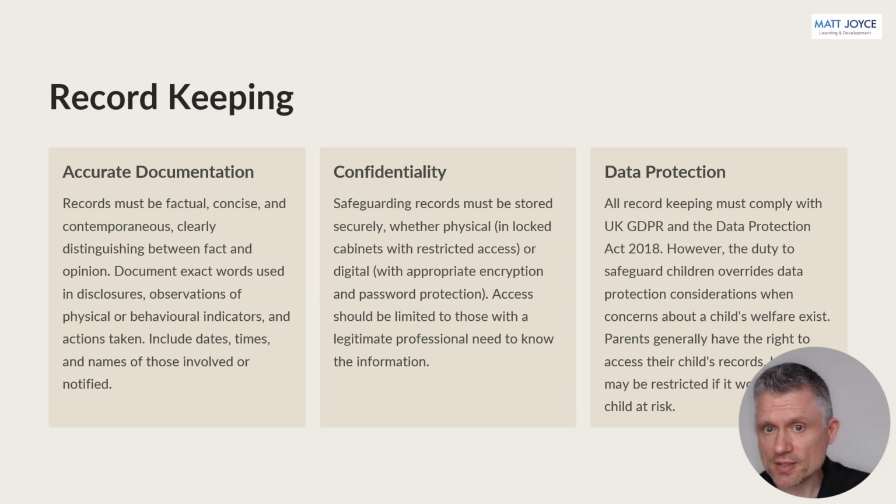However, the duty to safeguard children overrides data protection considerations when concerns about a child's welfare exist. Parents generally have the right to access their child's records, but this may be restricted if a child is at risk or sharing the information would place a child at risk.